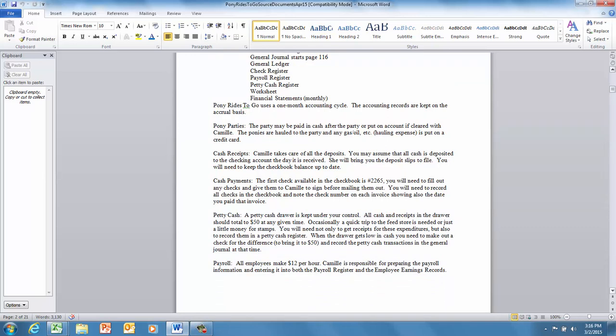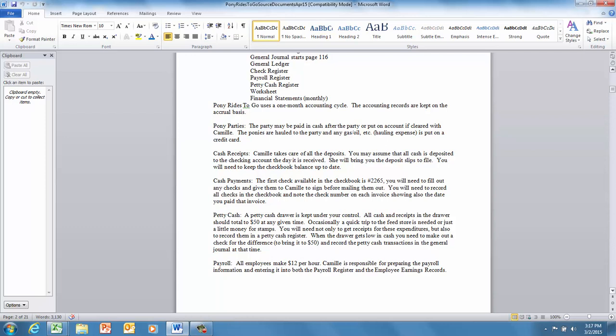But basically, if someone books a pony party for their children, we haul ponies out there and we do the pony party. And the parents discuss with us what it is they want, and Camille, the owner of the company, decides a price. At the time, then the people who are booking the party will also discuss with Camille if they want to set up a later payment date.